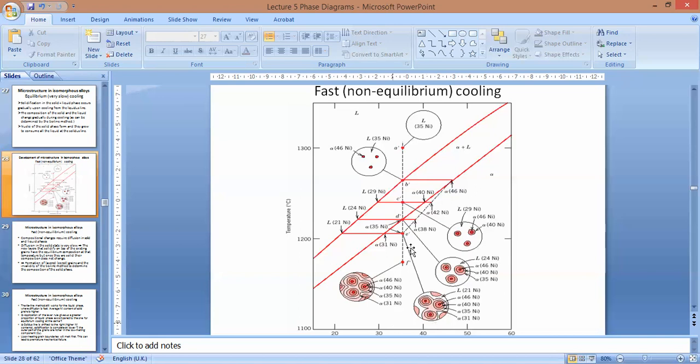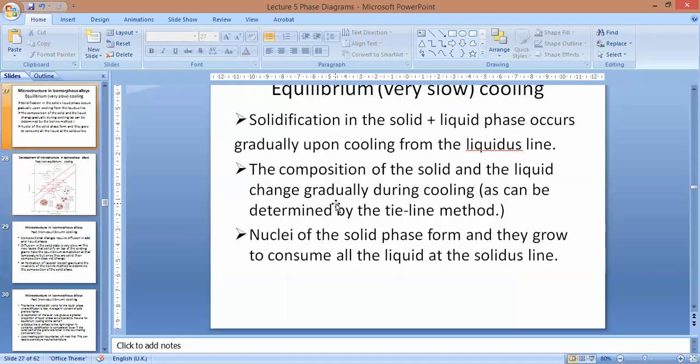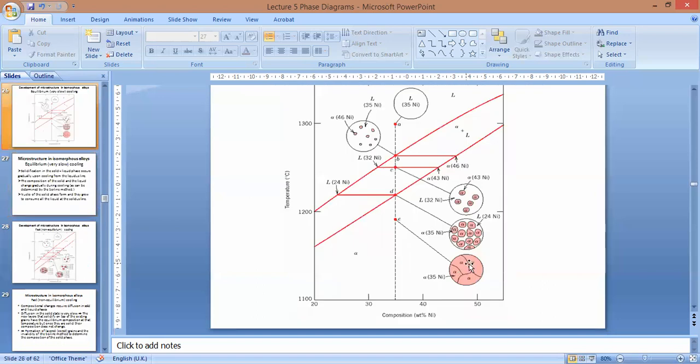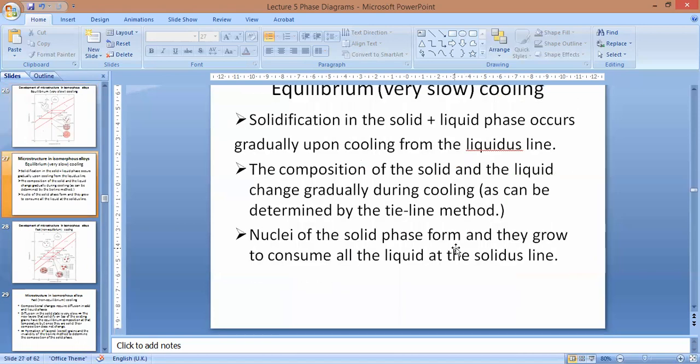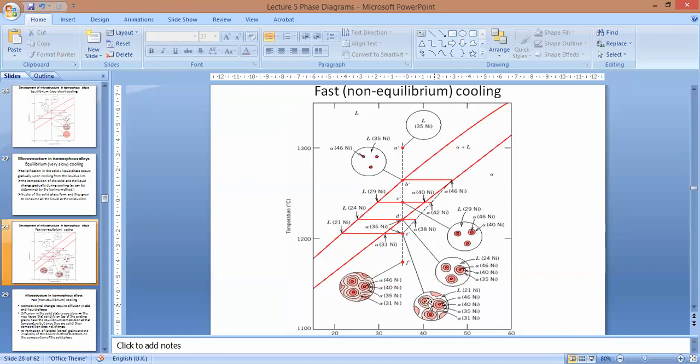What you're experiencing here is more of layering. So as you can see, the microstructure will be different compared to the one that we observed before. There you just had the grain boundaries, but here you have different boundaries for the different stages in cooling that your metal had experienced.